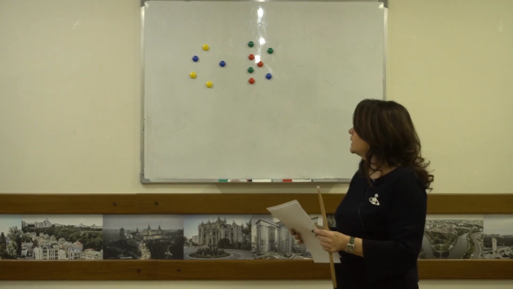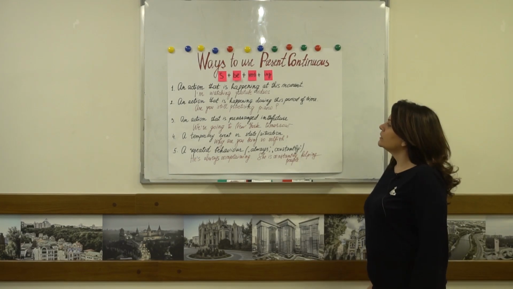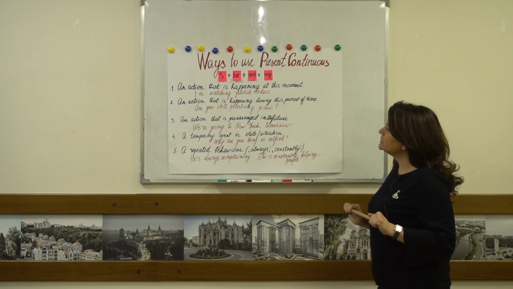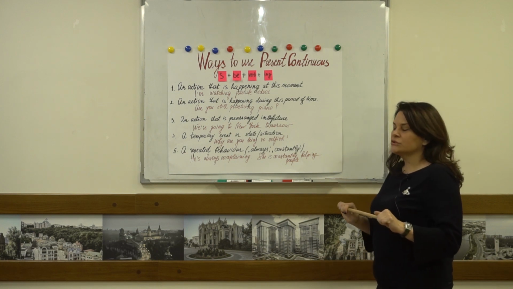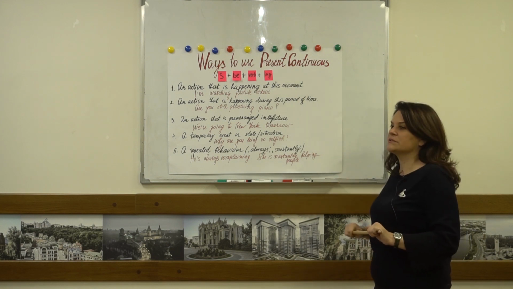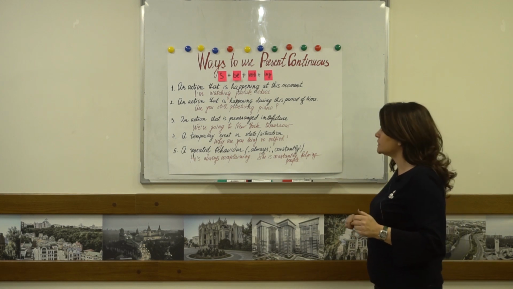Well, let's have the third step of our lesson. The last step of our lesson is grammar revision. So today we are talking about present continuous tense or present progressive, as you can read in various grammar books.